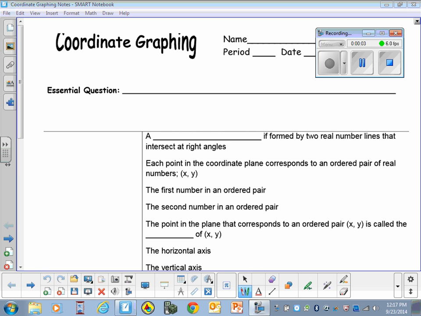Our essential question today is how do I graph on the coordinate plane?